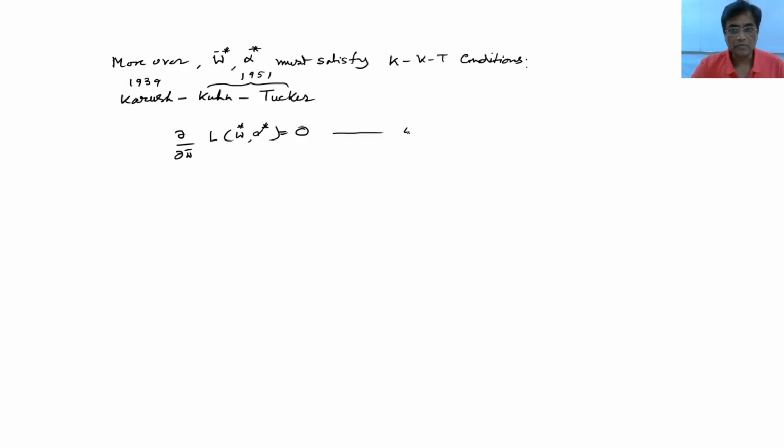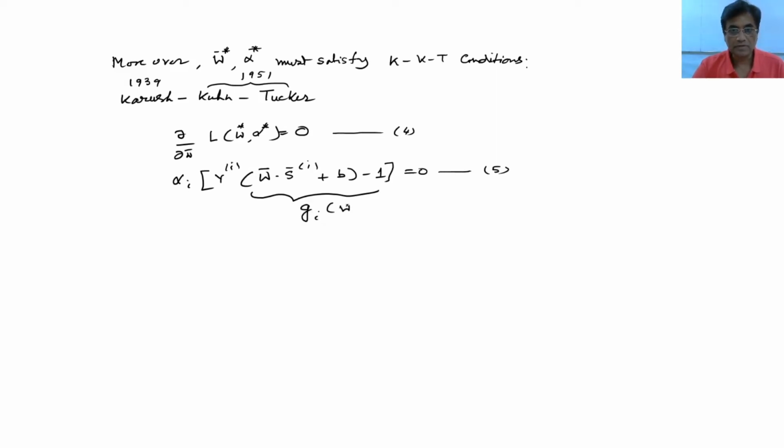So this will be 4, then alpha sub i, y sub i is the label, then W dot x sub i plus B minus 1 equal to 0. Now see, in a generalized way, if I just write down, this is in terms of parameter W.